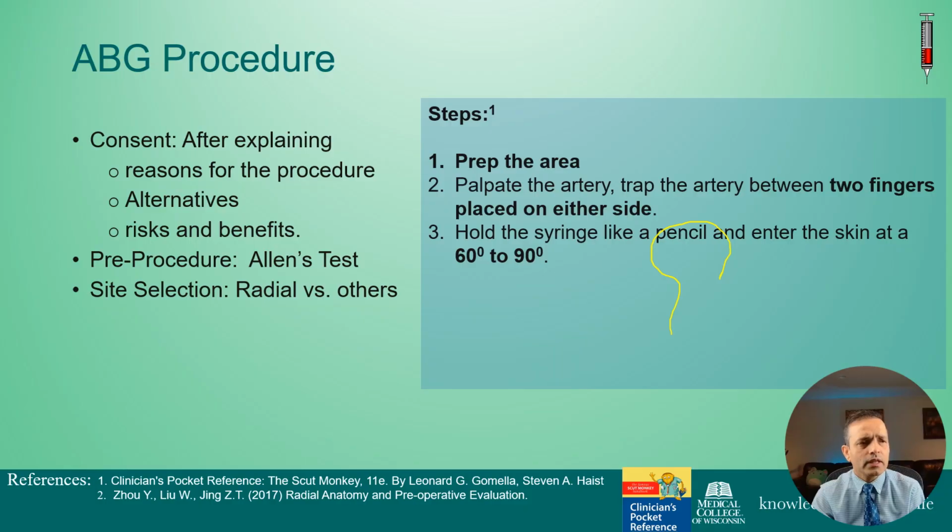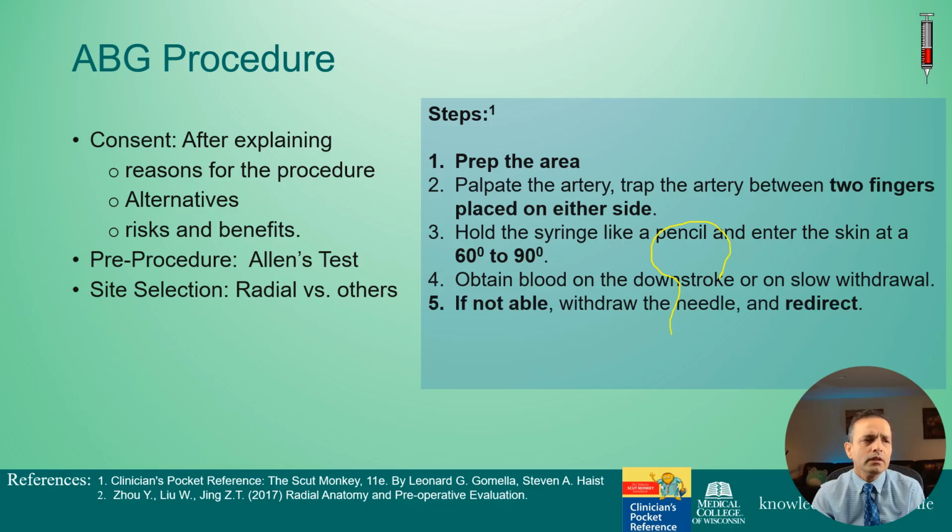Then you hold the syringe like a pencil and enter the skin at 60 to 90 degree. Then you obtain blood on downstroke or on slow withdrawal.